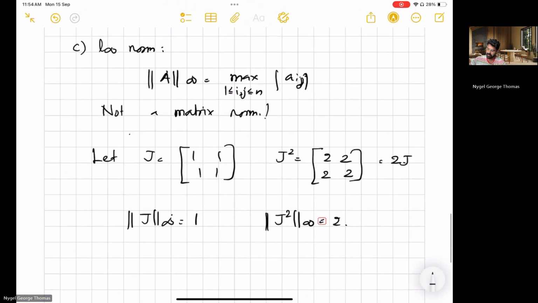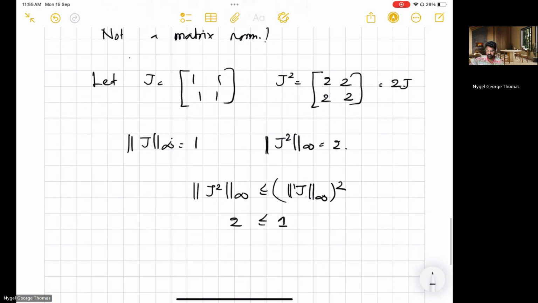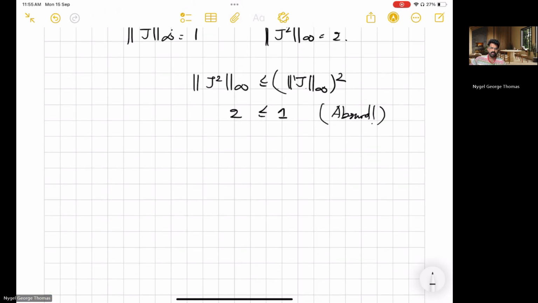But we know that for submultiplicativity, the norm of J squared should always be less than or equal to the norm of J whole squared. Okay, let's put it this way: that implies 2 is less than or equal to 1, which is absurd. So it is not a valid matrix norm.